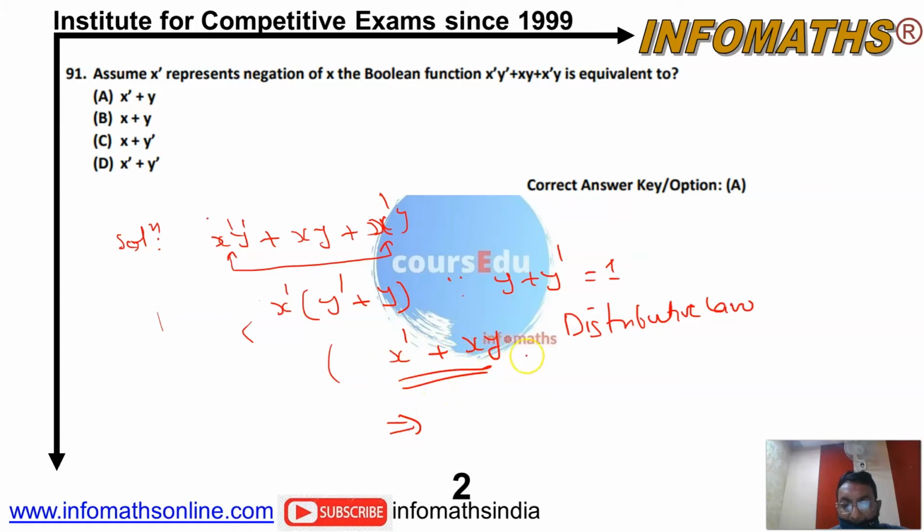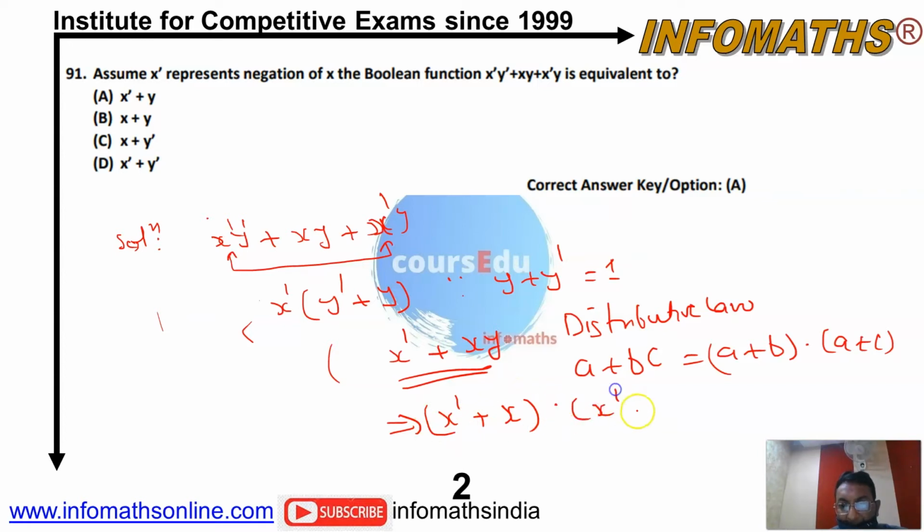That is a plus bc. If we expand this rule, that will be a plus b into a plus c. So now according to this, x dash is a, plus is b, then again x dash is a and y is c.